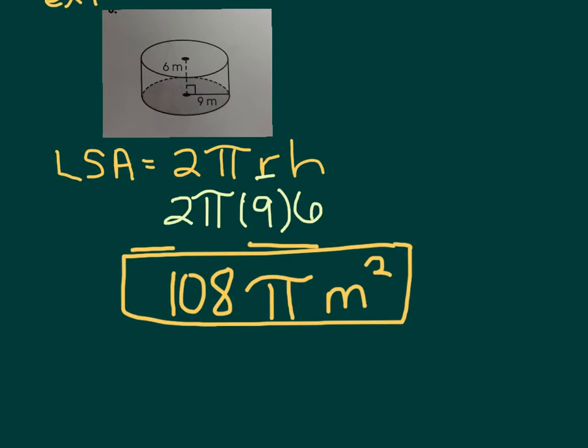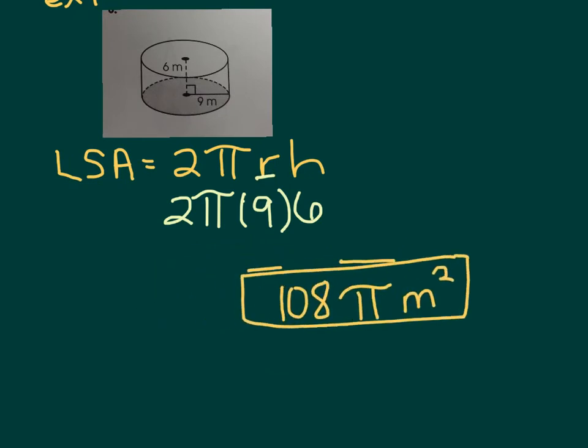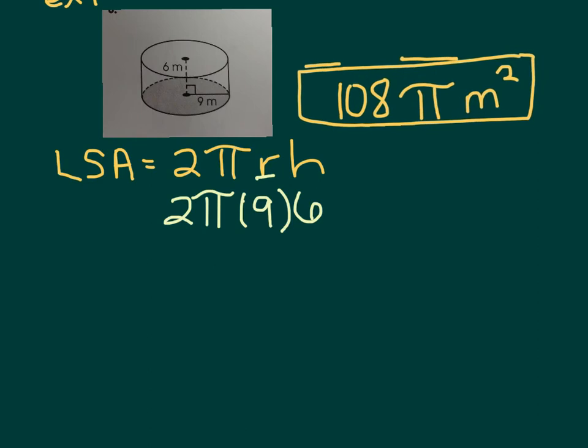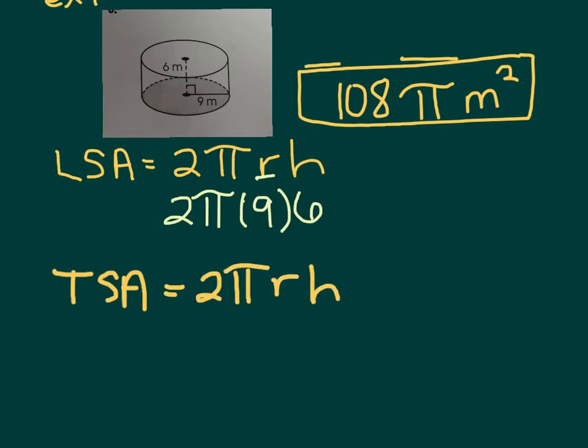Okay, now I'm going to scoot this a little bit out of the way. That is our answer for the lateral. And what I want to do now, we're going to do our total surface area. And for this one, our formula is going to be 2 pi r h plus 2 pi r squared.